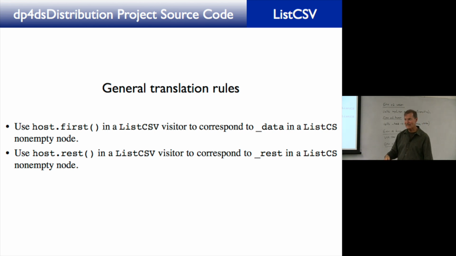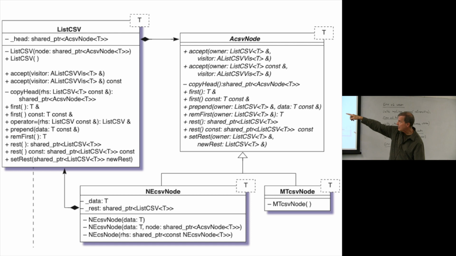You don't have access to underscore head directly, but you do have access through methods on host. Here again, what you have to work with is right here in this figure, in list CSV. That's what you have to work with when you code a visitor.